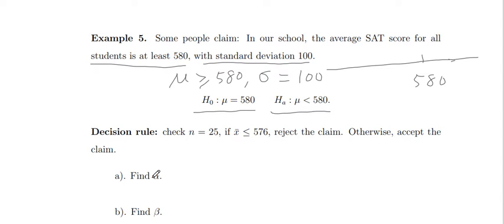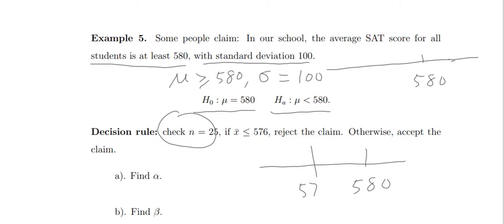Okay. So now our decision-making rule is that we just give a cutoff point. We will check 25 students, and our cutoff point is 576.